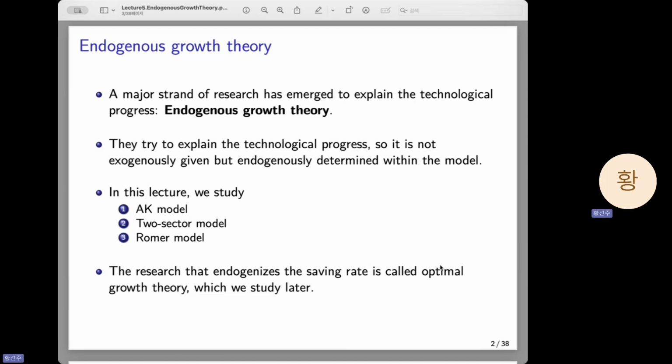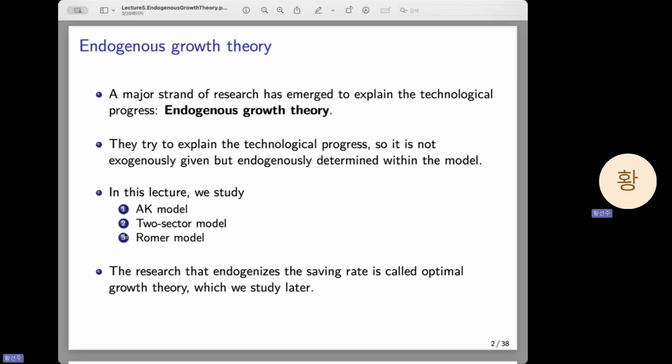So in these lectures, we will cover three major models. The first one is the AK model. The AK model is the simplest model where growth is sustained by constant returns to capital. The second one is the two-sector model, which divides the economy into production and research sectors.